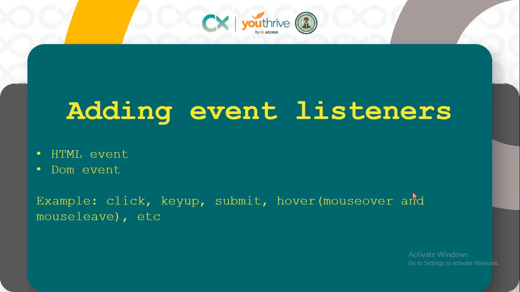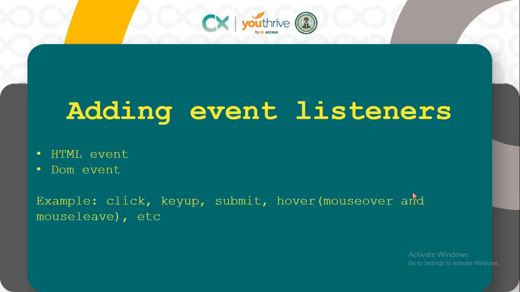So this is a special type of function that listens for a particular event, only for one particular type of event. There are so many types of events. An example has been given here: click, key up, submit, mouse over, and mouse leave. If that event occurs, then a function will be fired that will do something that you, the programmer, want to do when the user fulfills that event.